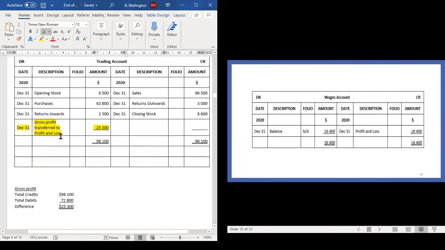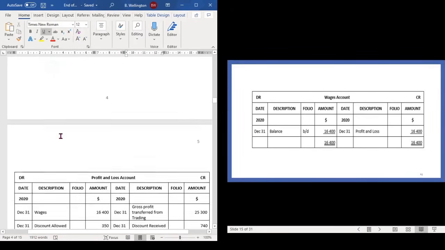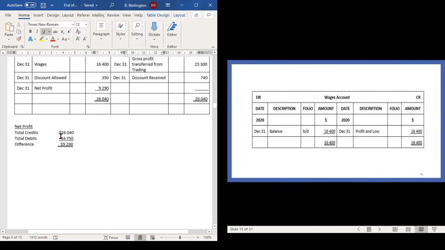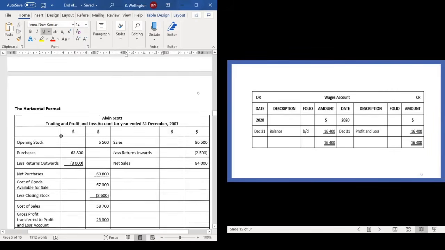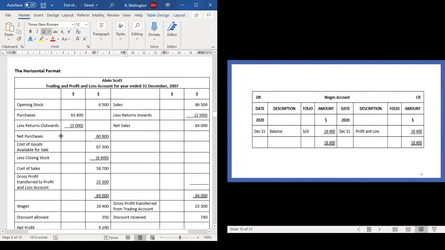Okay, now let's see how we want to show our trading and profit and loss account. Now this is the horizontal format of the trading and profit and loss account, where you have a debit side and a credit side. Okay, but you will notice that we are making an adjustment to our sales by subtracting the returns inwards from it to arrive at net sales.